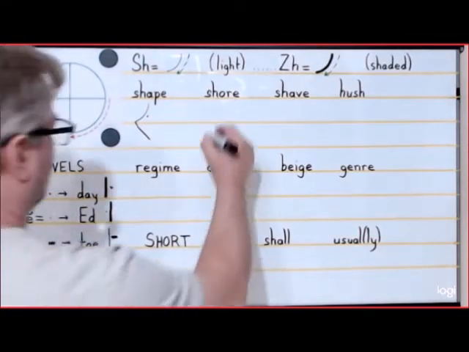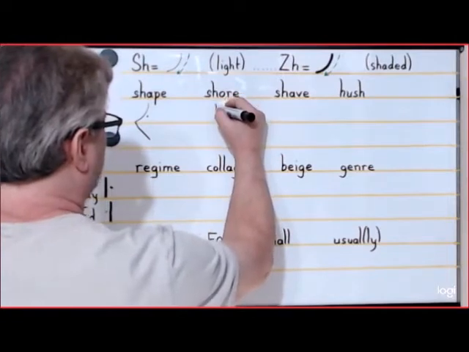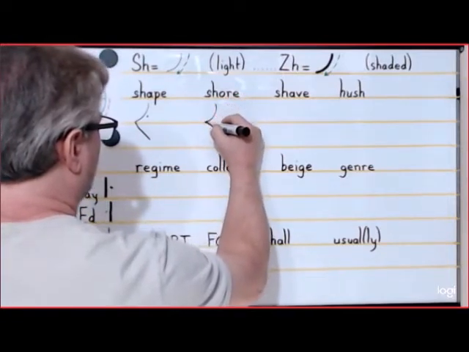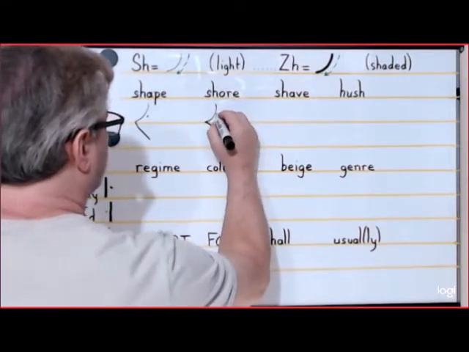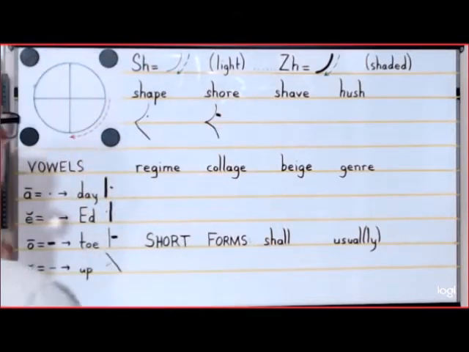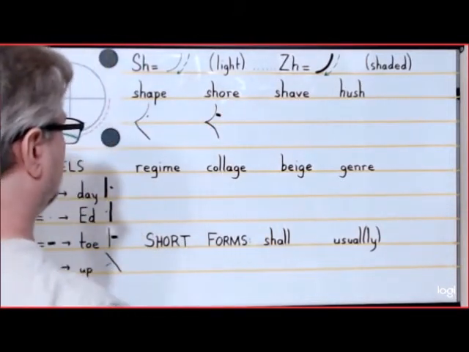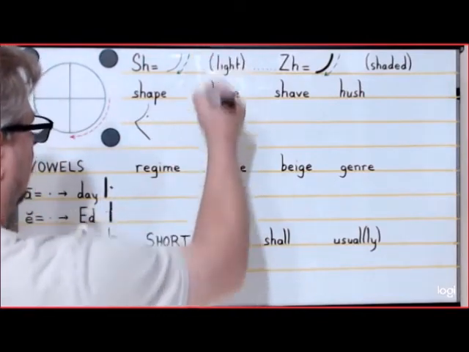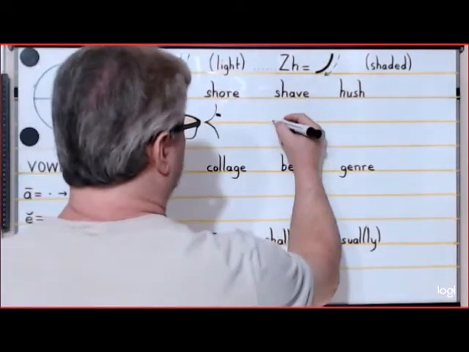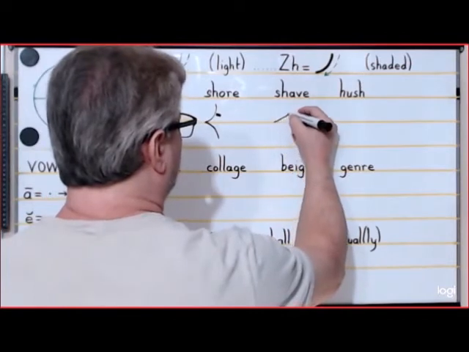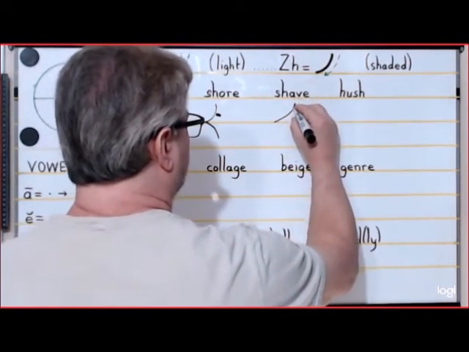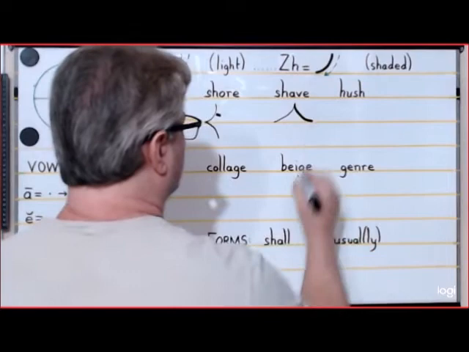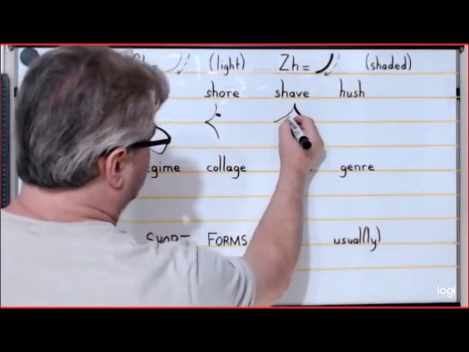The word shore is SH, and R, heavy dash for the long O. Shave, now here we're going to use the upward SH, so it's going to be an SH upward, and then a V downward. Of course, the heavy dot here.